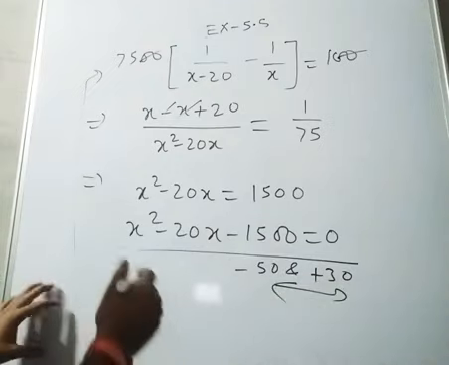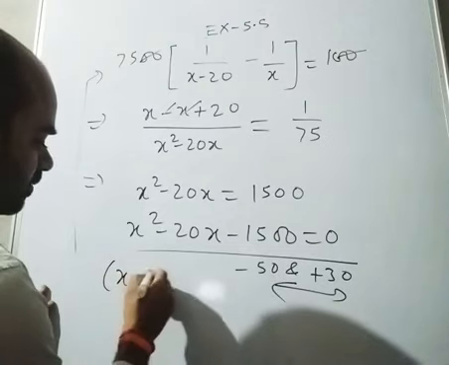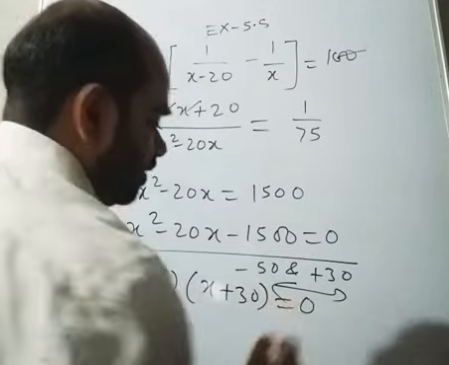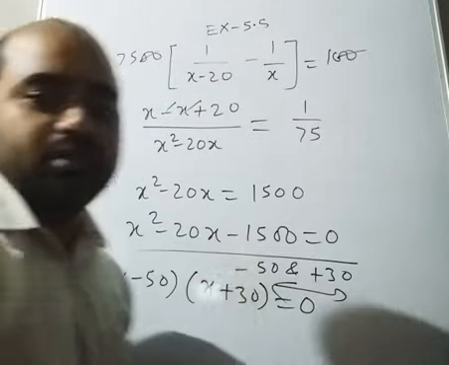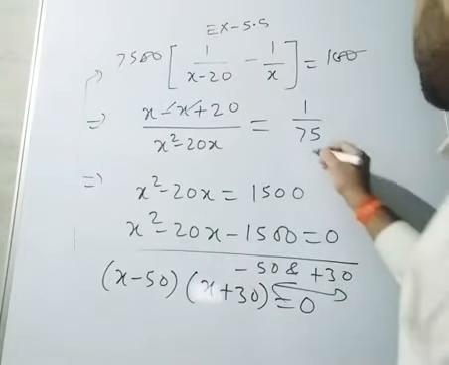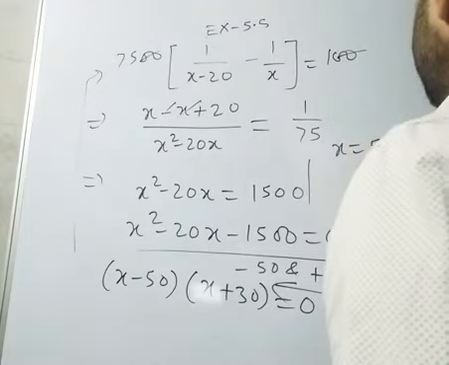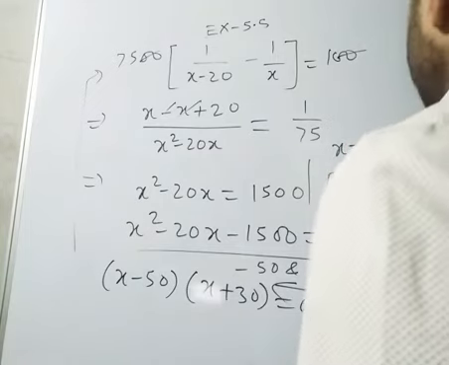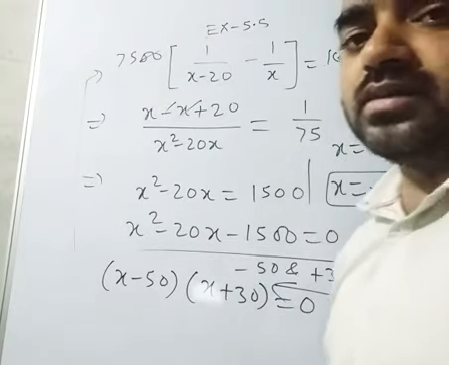It means this will come x minus 50 and x plus 30 is equal to 0. One answer will be x is 50 and x is minus 30. This will be rejected. It means 50 is the answer.